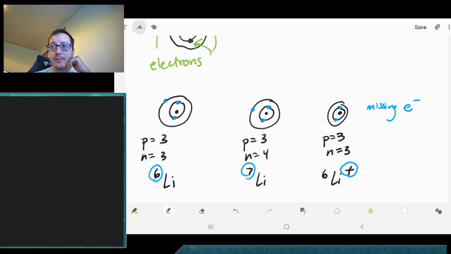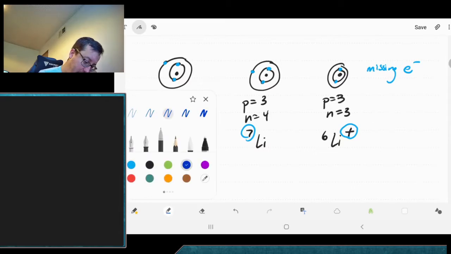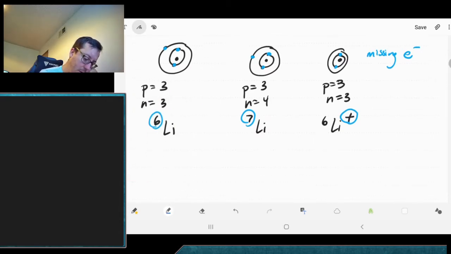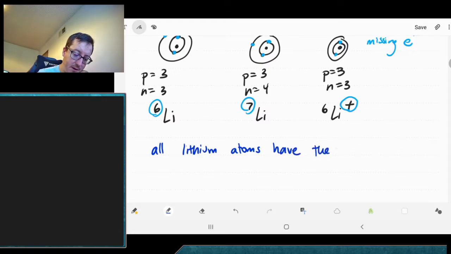So, revisiting our idea again, the protons are all the same, and these are all lithium, so I think it's reasonable to say that all lithium atoms have the same number of protons.